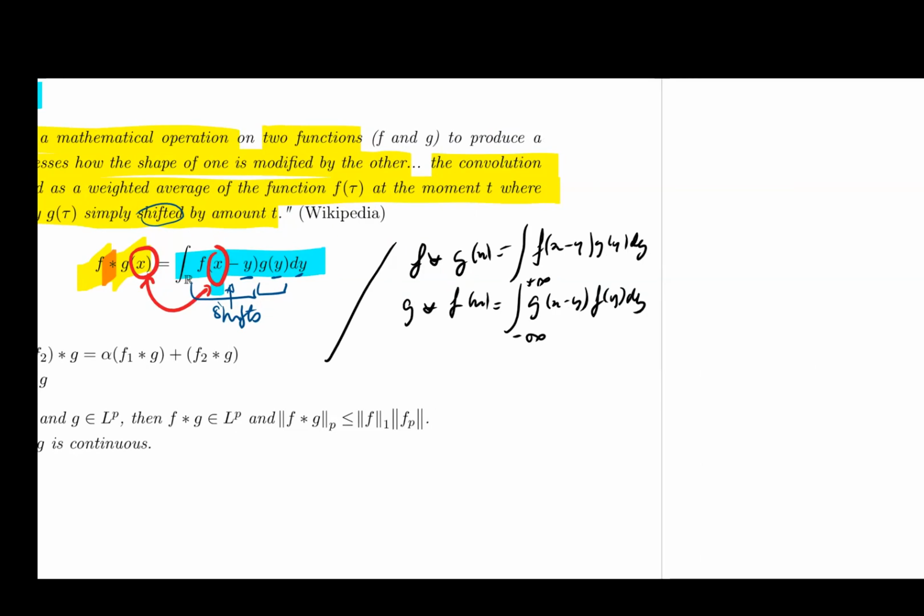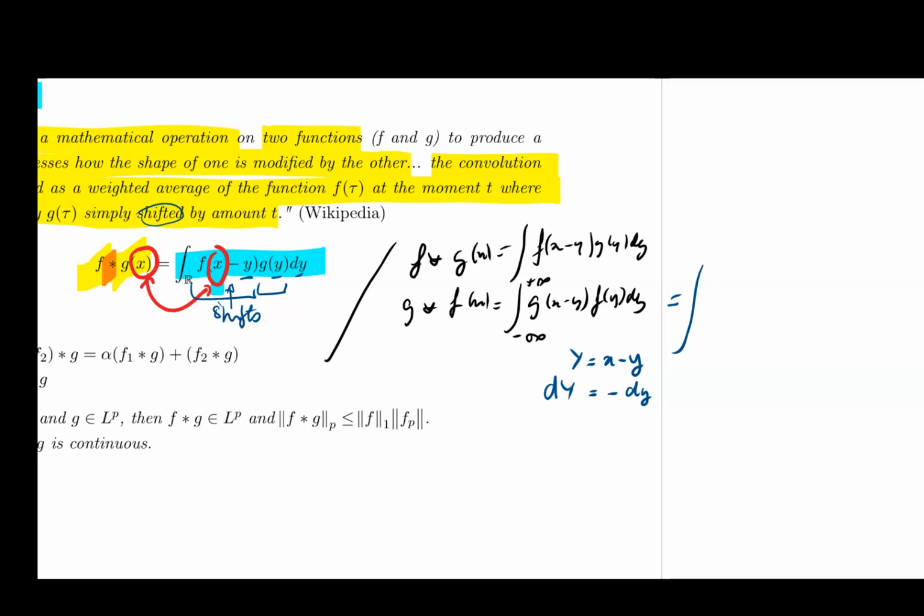So maybe we can just do some simple substitution. Put capital Y equal to x minus small y. Then we have that dY is going to be minus dy. So now let's plug in this substitution.